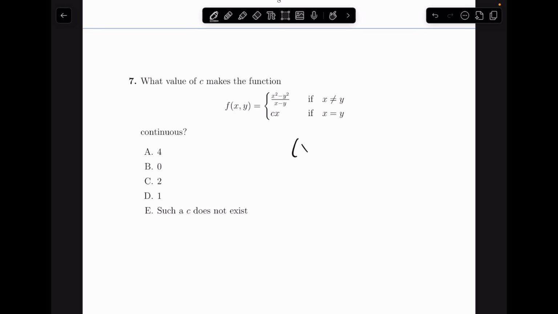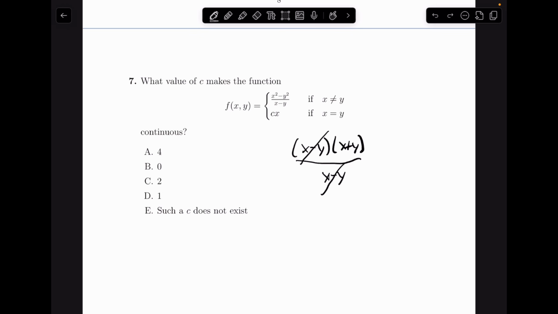We can factor that as x minus y times x plus y, and that's all over x minus y. So these are going to cancel out because we know x is not equal to y. It's not going to be a hole or anything that you learned in pre-calc, because you can't really divide 0 by 0, if you remember, if x were equal to y, but it's not.